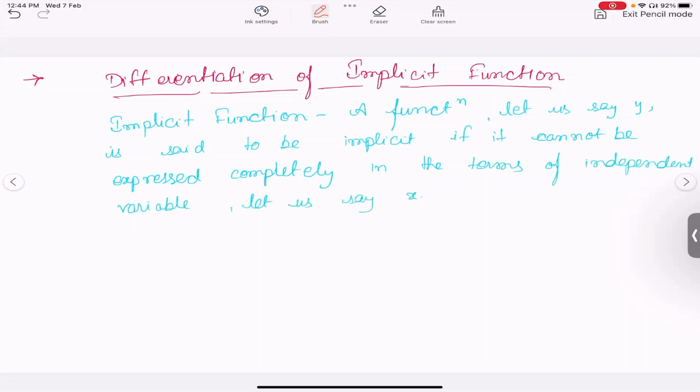So the equation is such that y cannot be expressed completely in terms of x.